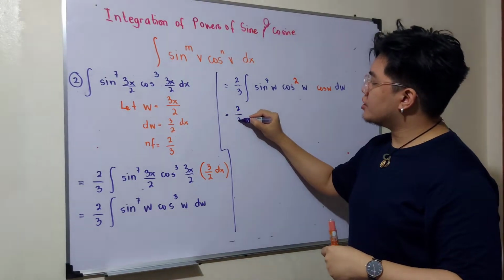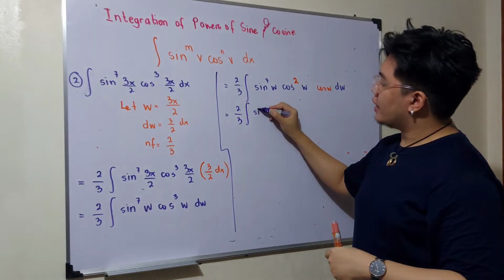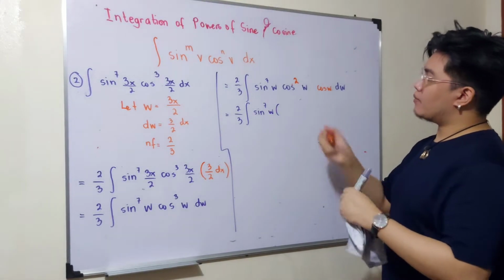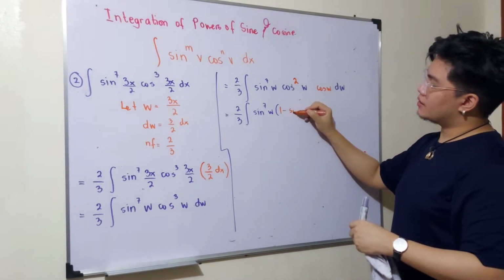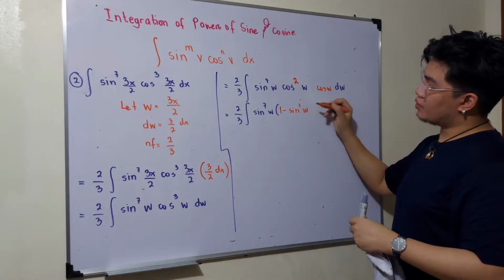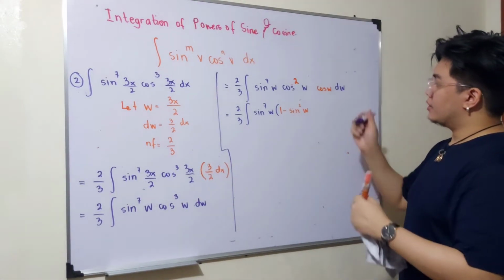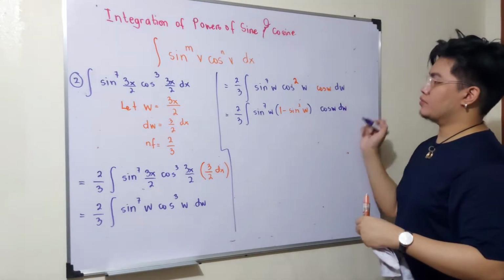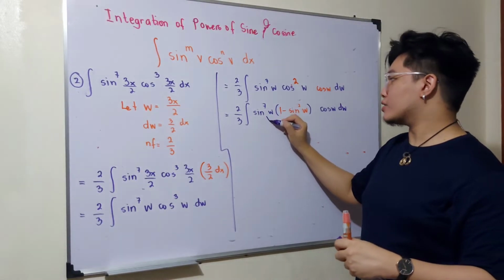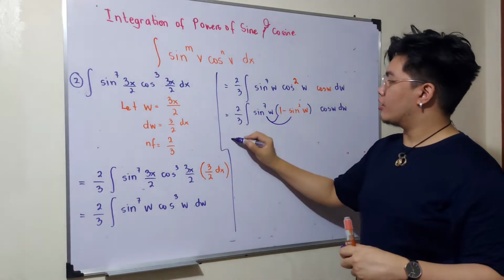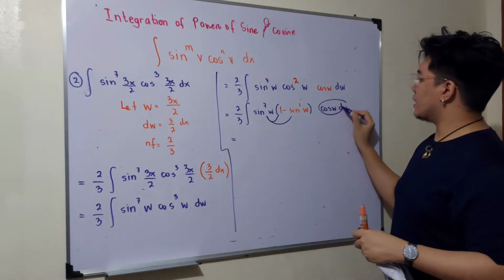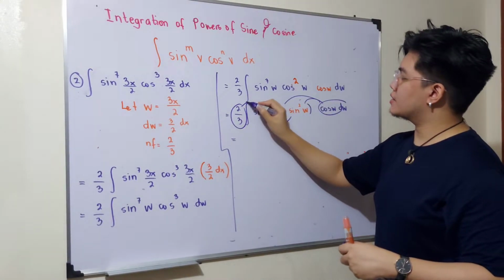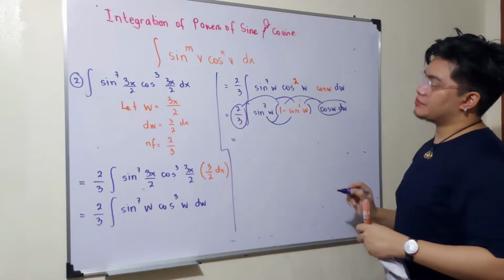So, we have 2/3 and then, sine raised to 7W. Tapos, we have 1 minus sine squared W. And then, dito, cosine W, dW. Napakadali lang. So, dalawang terms lang. Okay? Tapos, i-distribute na rin natin ito, as well as yung 2/3. Ayan.